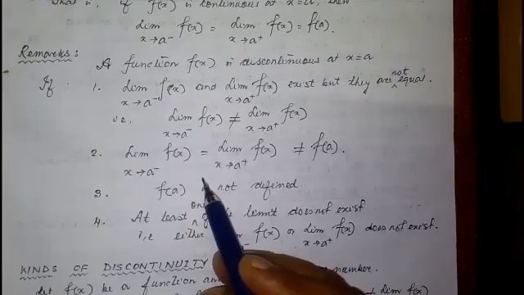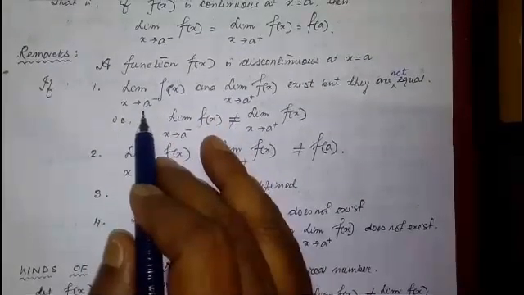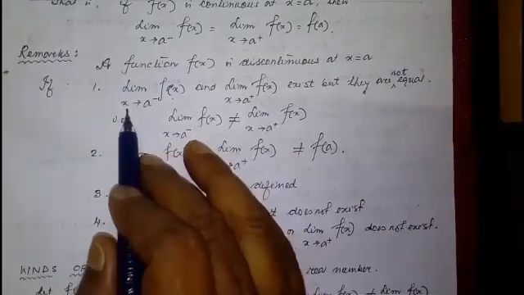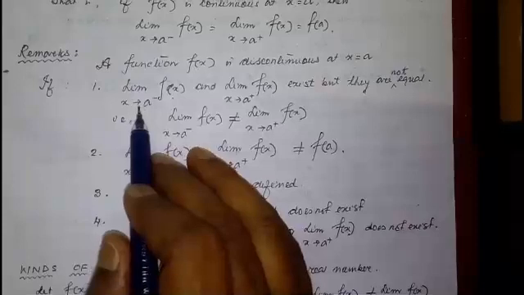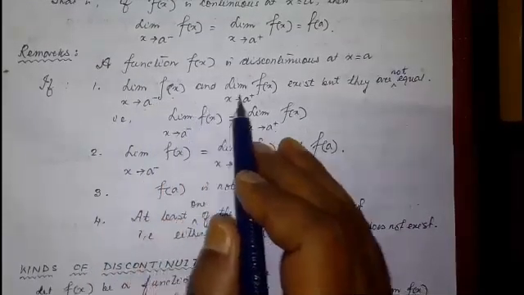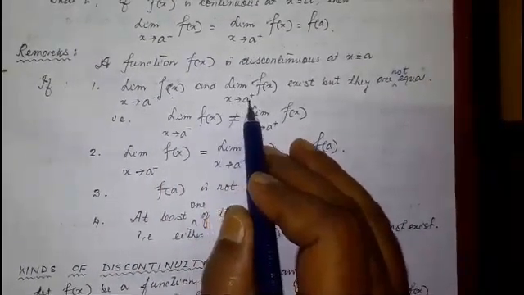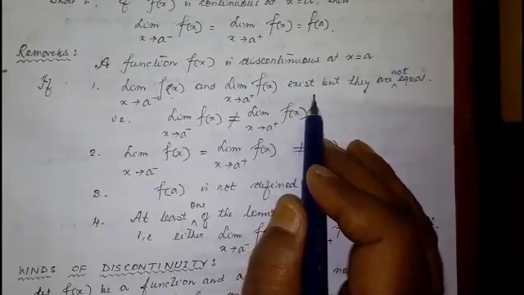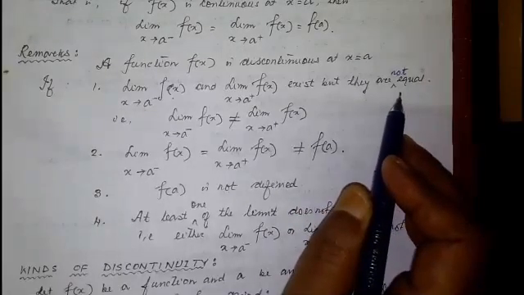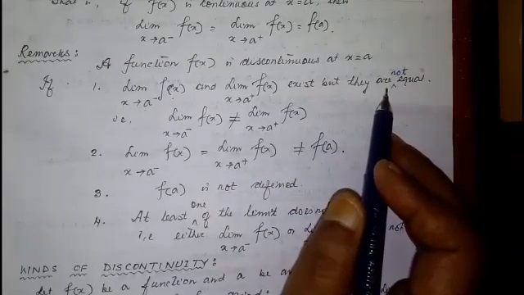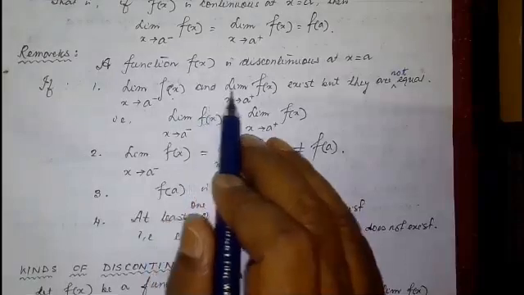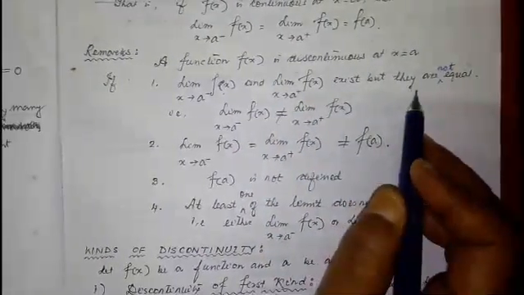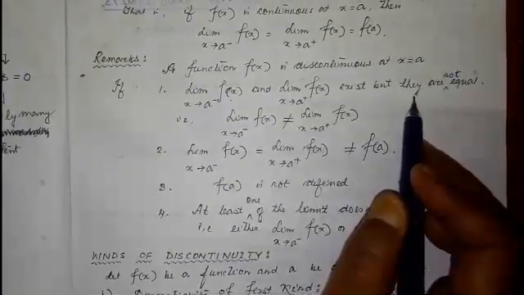Point 1: limit x tends to a minus f(x), the left hand limit, and limit x tends to a plus f(x), the right hand limit, both exist, but they are not equal.